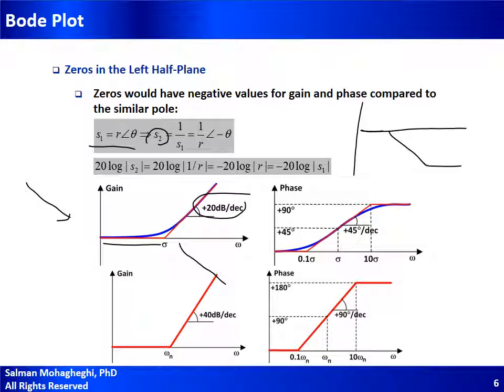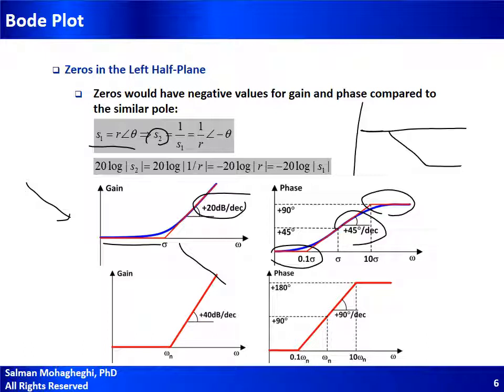Because of that negative sign in front of it, the phase angle for a zero is actually going to be the flipped version, meaning that for low frequency you have 0. For high frequency, you will have 90 degrees. And anything in between, you will have a straight line with a slope of 45 degrees per decade.